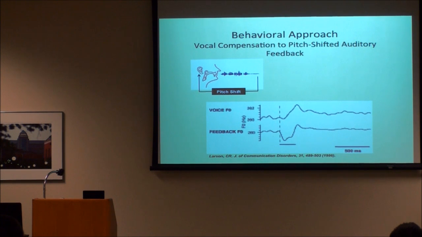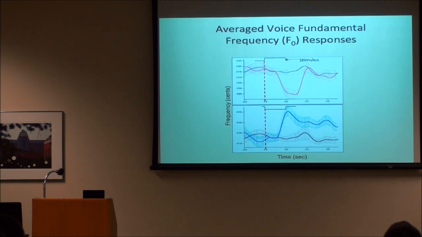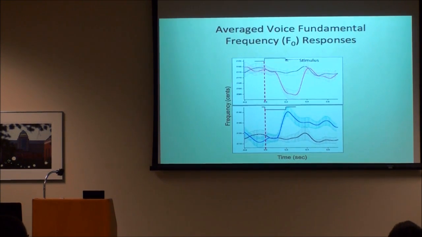But at any rate, with this pitch shift stimulus, we can see that there's an upward change in the voice fundamental frequency, and this is the response that we're interested in. Now, this gives some other examples. First of all, just to orient you a little bit, the black line up here, these are control trials in which a subject was vocalizing when there was no pitch shifted feedback.